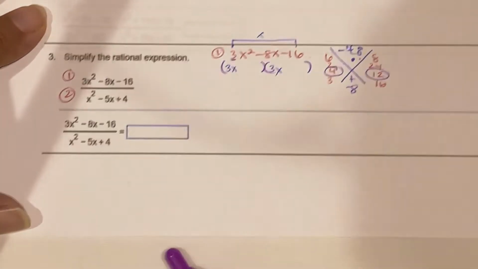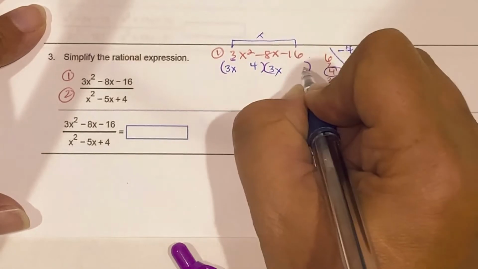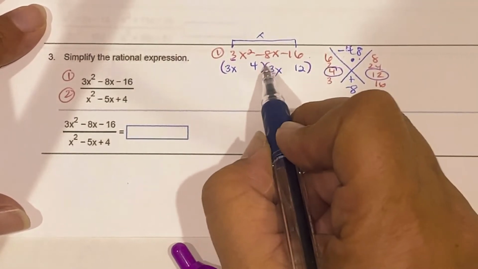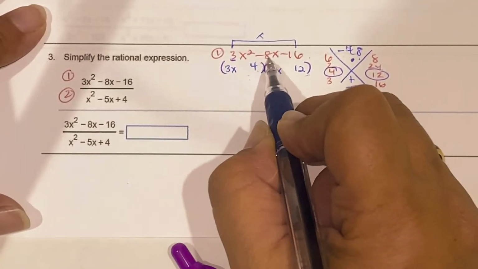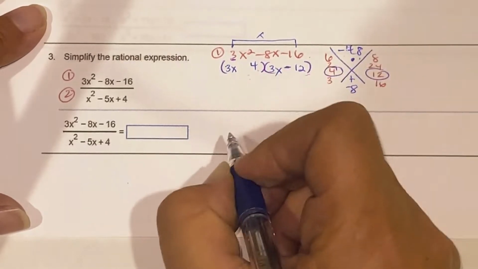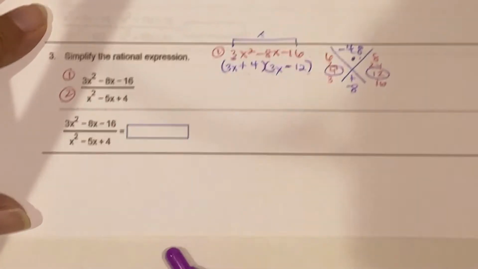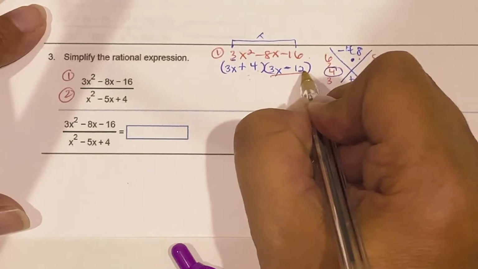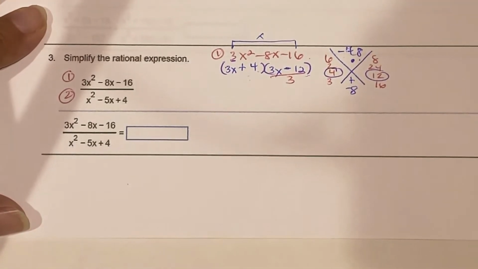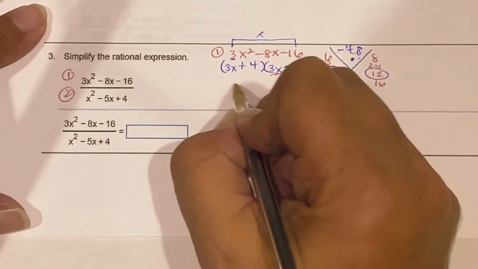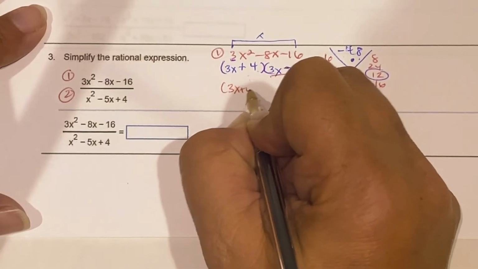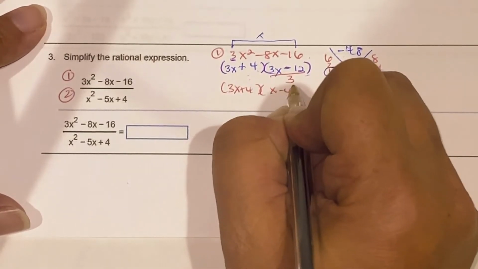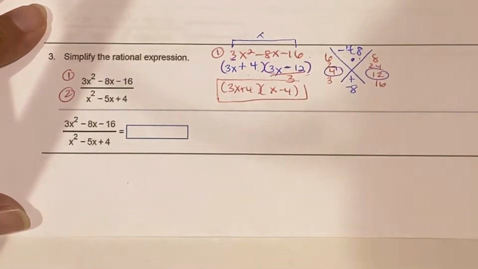So you're going to write a 4 and a 12. For them to give you a -8, the 12 had to be the negative, the 4 had to be the positive. Then you're not done yet, so you need to reduce the second one by 3 because technically it does not exist. So we become 3x plus 4, and now x minus 4. That's the first one broken out.